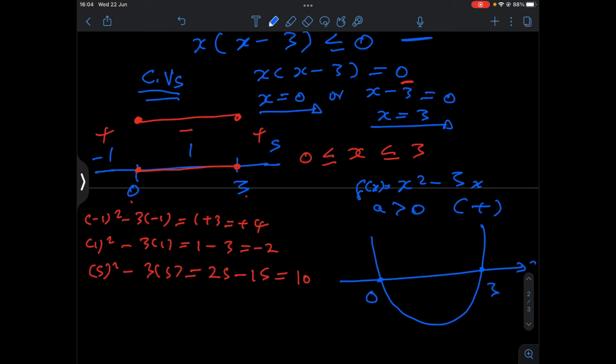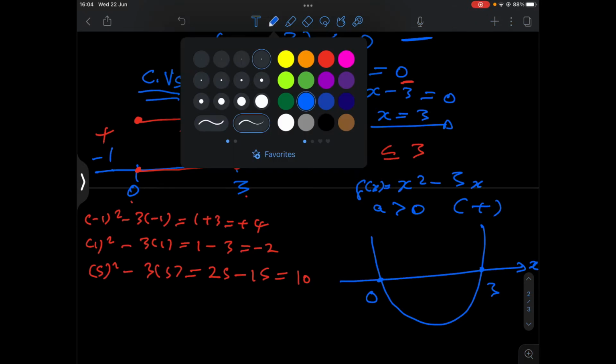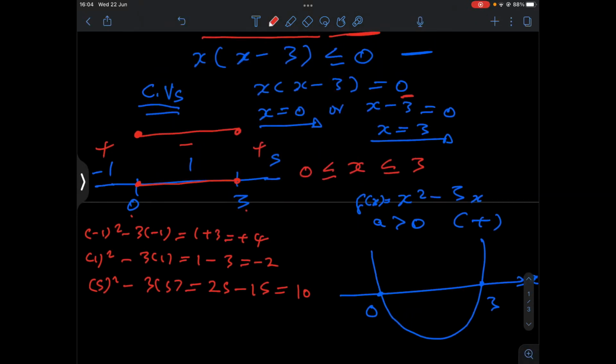So this is the x-axis. We are looking for values of x such that the quadratic graph is below or equal to 0. Basically it's below the x-axis and also equal to 0, at the roots on the x-axis.